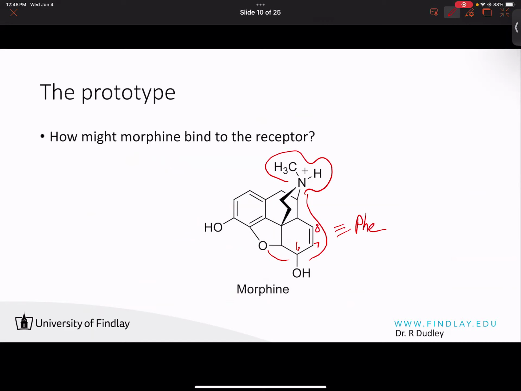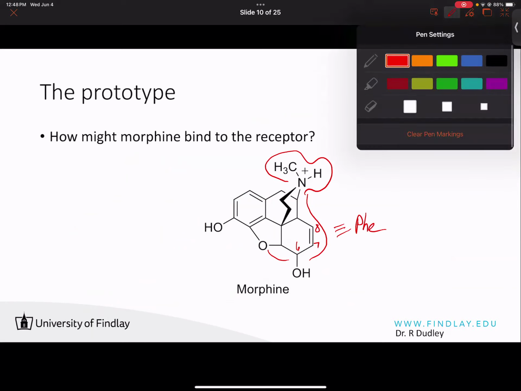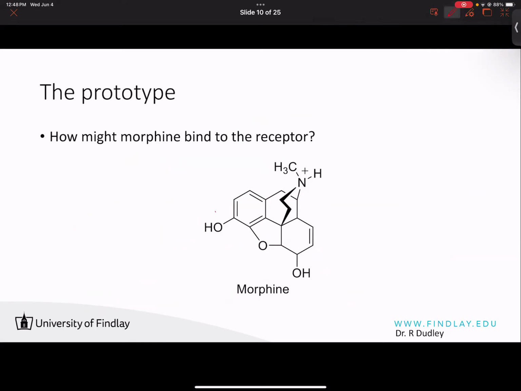All right. Considering all of that, I would predict some H bonding interactions with that 3 position. I would predict ionic interactions with that tertiary amine that's going to be positively charged at physiological pH.